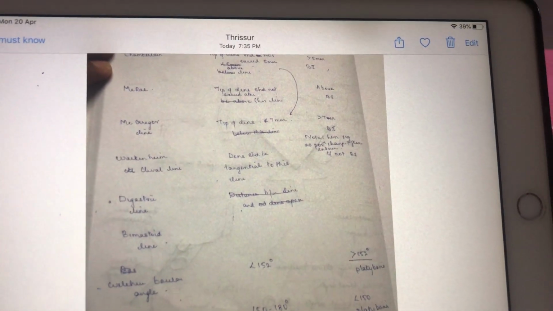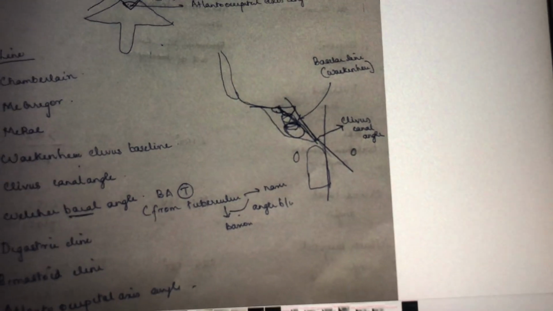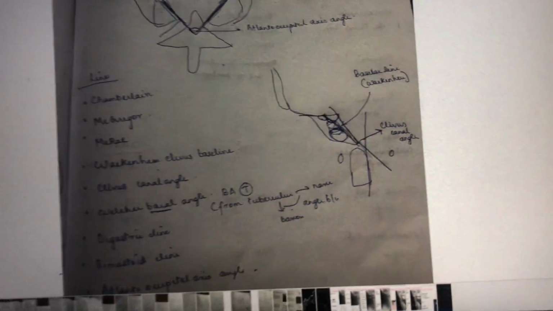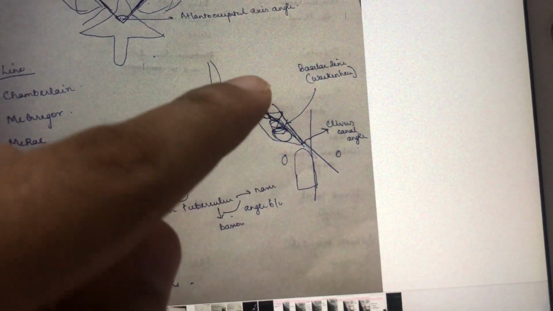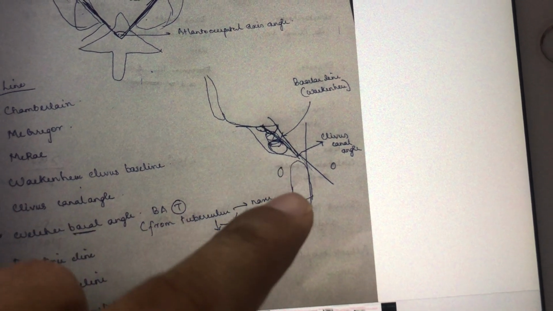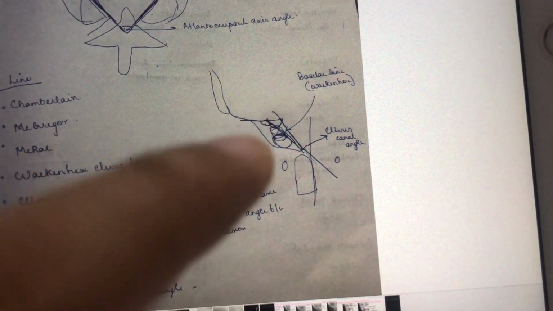One more thing you have to know: there are three more lines. If you draw a line along the clivus, it will be tangential to the dens. This is known as the basilar line, also known as Wackenheim's basilar line.